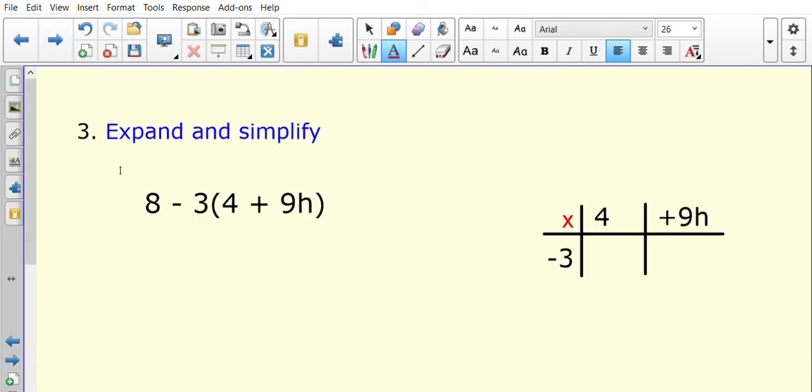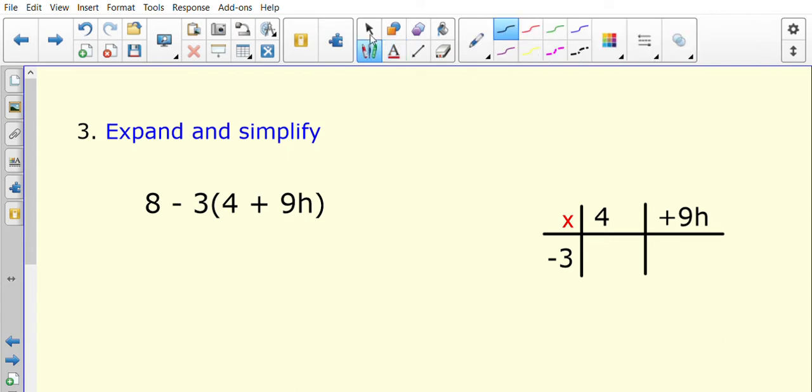Same strategy here, just be careful, because remember the sign to the left of a number or a letter belongs to the term on the right. So it's minus 3. And if you want, you suppose you could highlight that just to help yourself out.